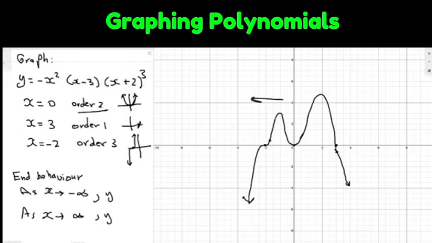And as we move to the left, the y heads to negative infinity. So y goes to negative infinity. And as x goes to positive infinity, that means you get in the graph and you keep on moving right. As you keep on moving right, the graph is still heading to negative infinity. So here y is heading to negative infinity.